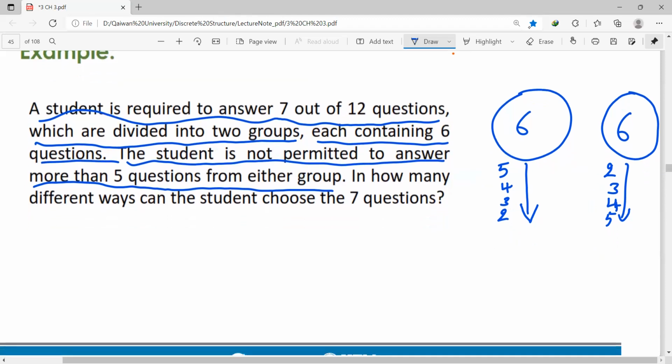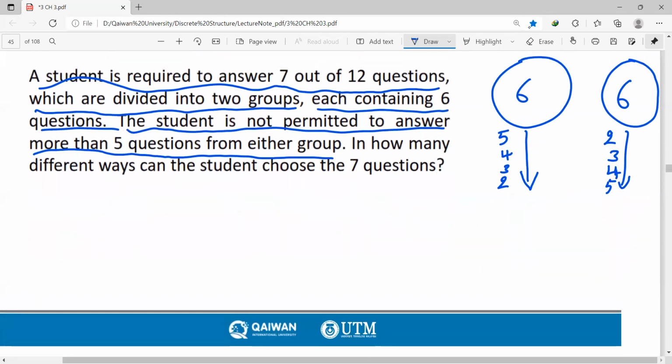Okay, in the first case, as here we have no ordering, we use combinations. For this one, 5 out of 6 multiplying by 2 out of 6.